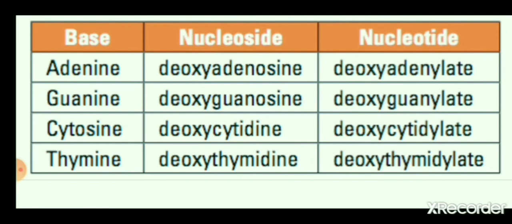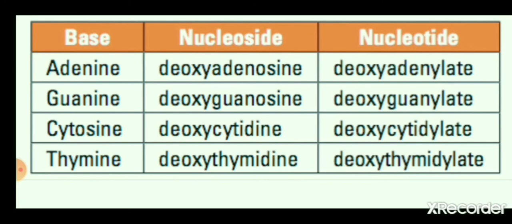And the last, thymine. Thymine, when attached with a deoxyribose sugar, is called deoxythymidine. And when the nucleoside is attached with a phosphate group, it is called deoxythymidylate. Other names of those molecules are also present.